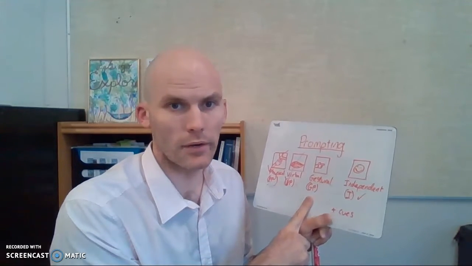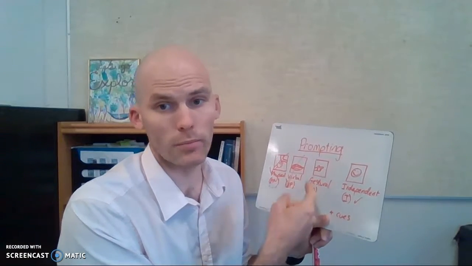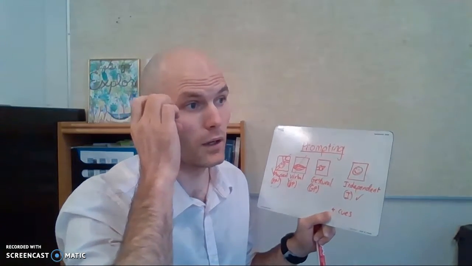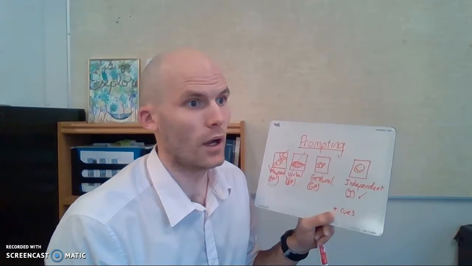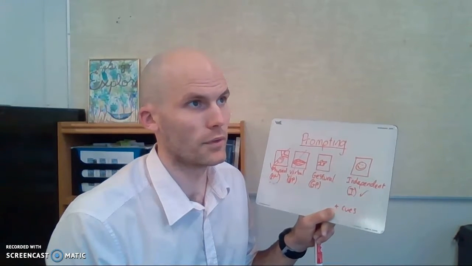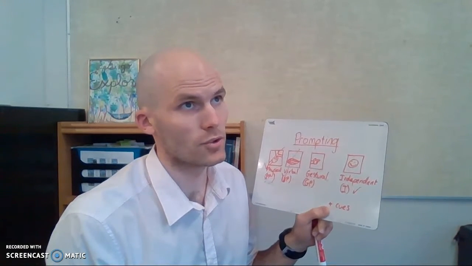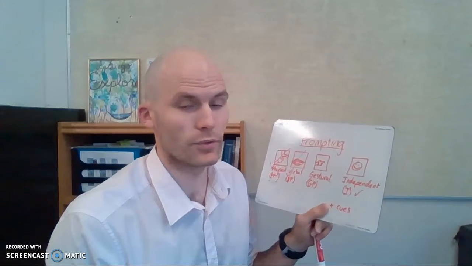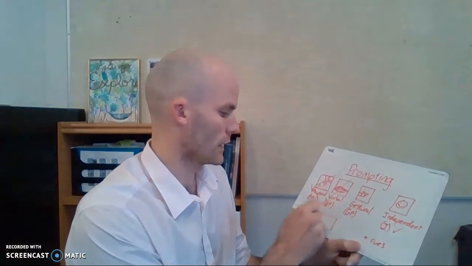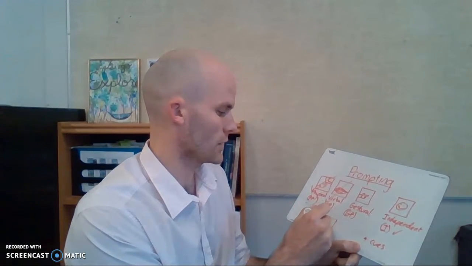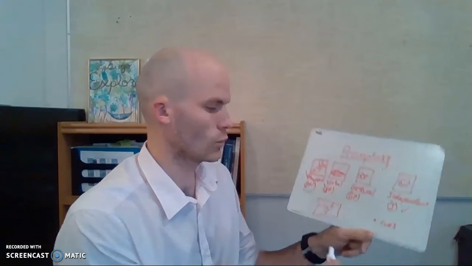Some prompting hierarchies actually put visual prompts and gestural prompts together, which I think can be done. In that case, for me, the difference between a visual prompt and a visual schedule, for example, like this is a visual schedule, but when it becomes a prompt, let's say there was a picture and the picture had some hands and some water.